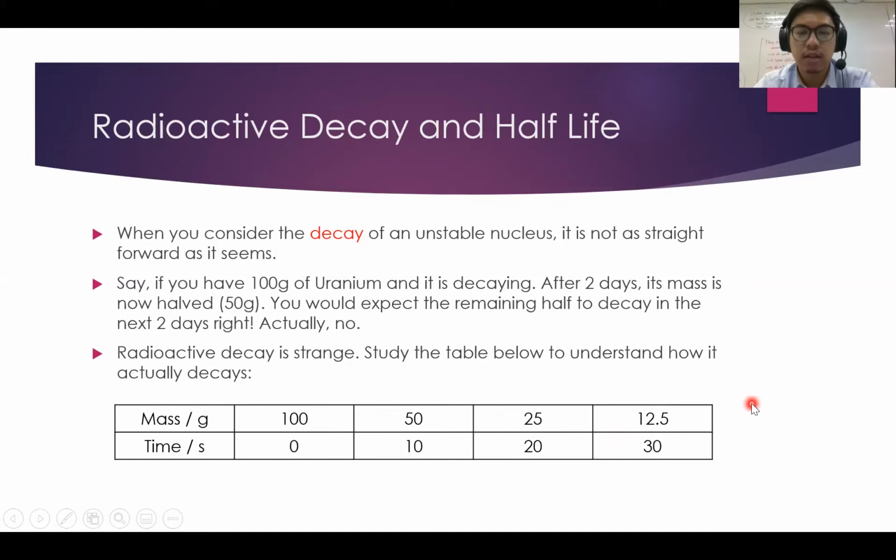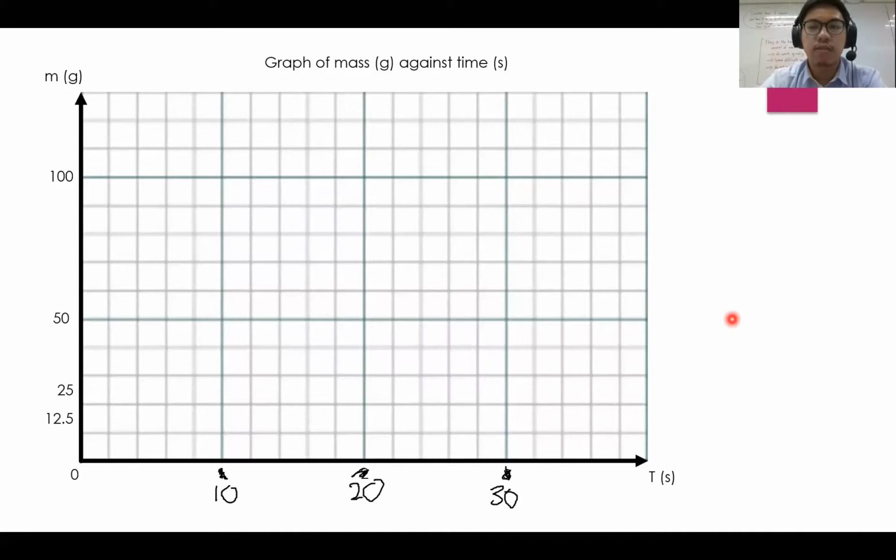Now let's see what that looks like on a graph. This is a graph of mass against time. On the y-axis, we have mass in grams, and on the x-axis, we have time in seconds. When time is 0, the mass is 100.